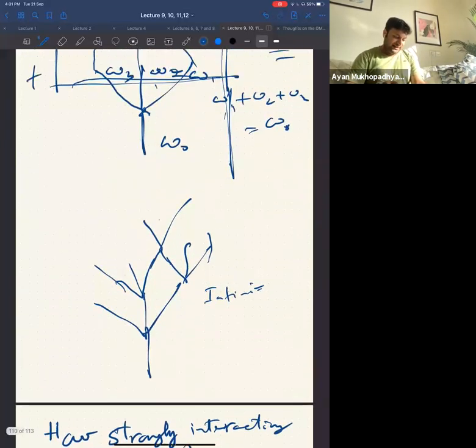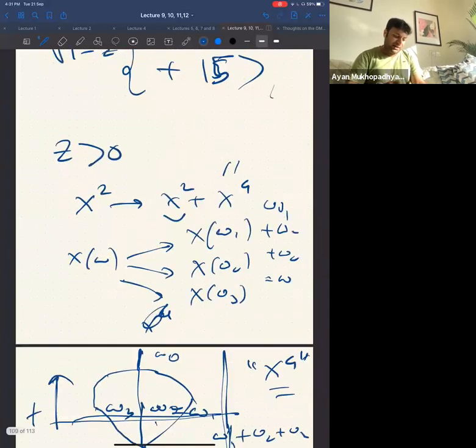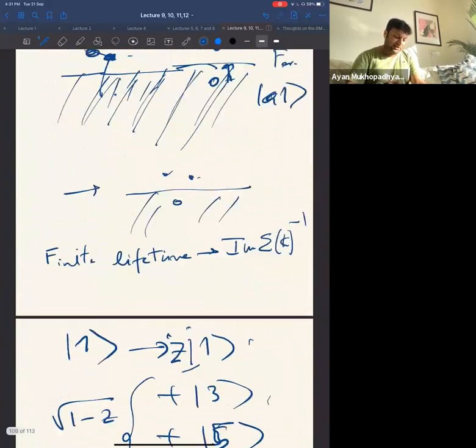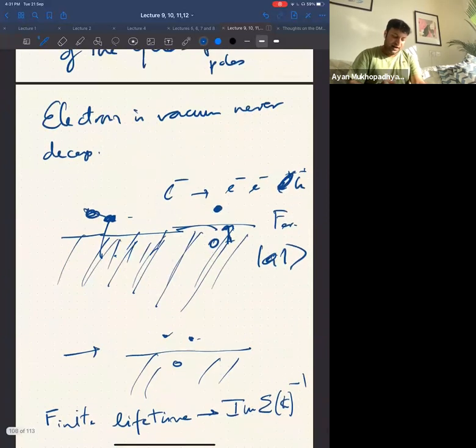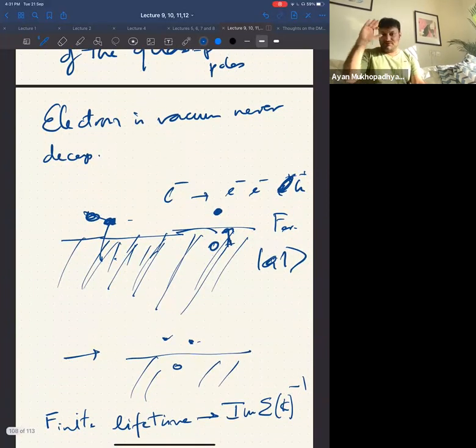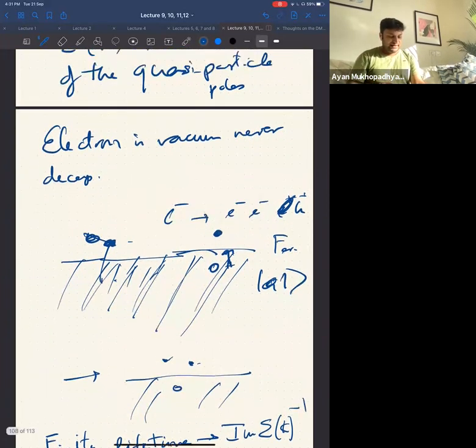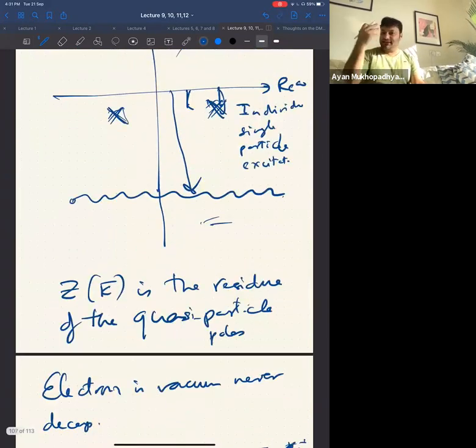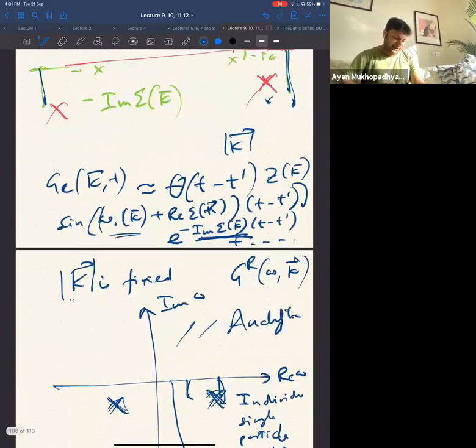This is one of the things, for example, I work on, but I'm not going to tell you about what ideas people have come up with, because that's going to be well beyond this course. I just wanted to introduce you to the idea that there are descriptions also possible when this quasi-particle pole completely vanishes.